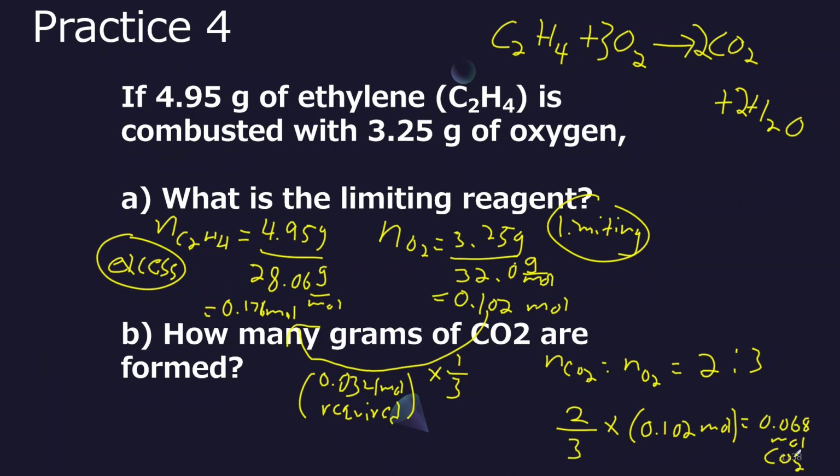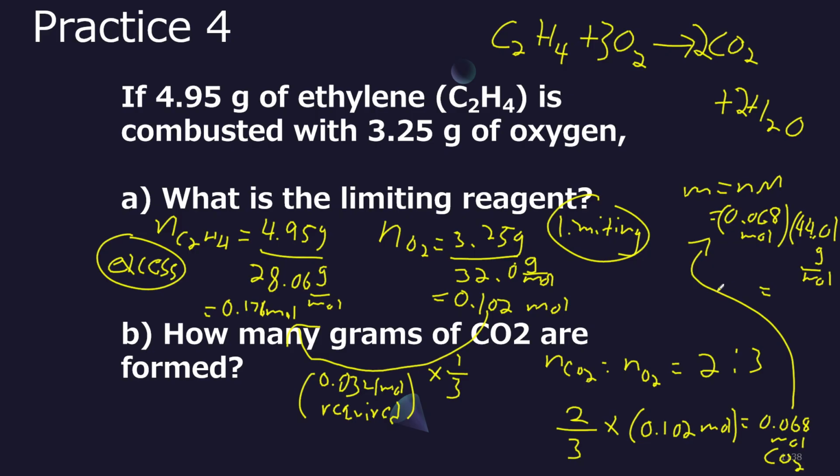Okay, now this asks how many grams though, so not quite done yet. Change this into grams. Mass equals moles times molar mass. 0.068. Molar mass of CO2, 1 carbon, 2 oxygens. That's about 44.01 grams per mole. 2.99 grams roughly.